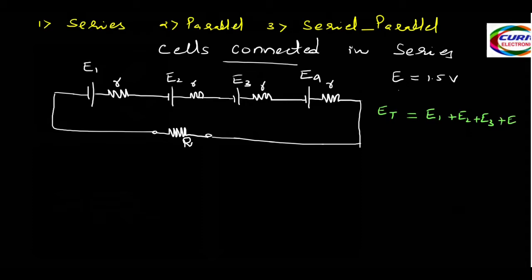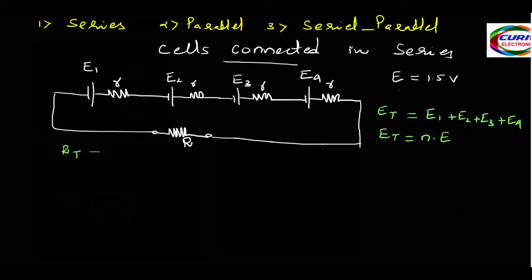If you add all these four, we will get the total. But all these cells are of equal voltage. So I can write ET equals N multiplied by E, where E is the voltage of a single cell. Now what is the total resistance of the circuit?